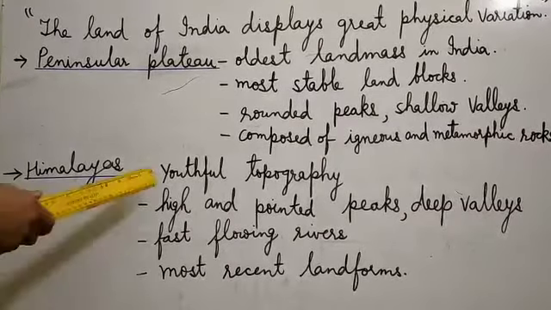These deep valleys and high pointed mountain peaks prove that these are new mountains. The rivers in the Himalayas are fast flowing rivers. They flow very, very fast. Therefore, they are the most recent landforms. And the northern plains are also formed of alluvial deposits. Therefore we can say northern India, the Himalayas as well as the northern plains of India, are new.